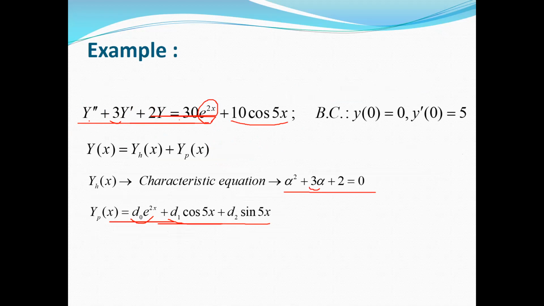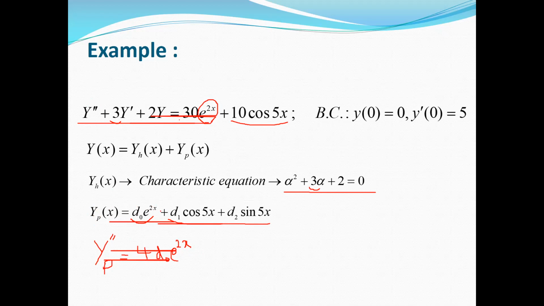So we need to substitute here y p second. As I told you, yp second is equal to 4 times d naught times exponential 2x. I don't know why the font here has another extra line.